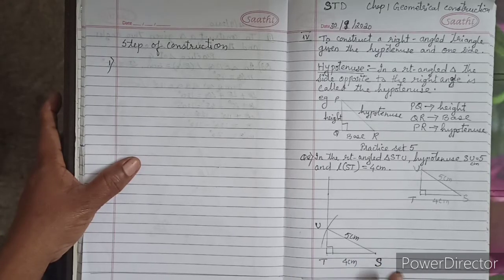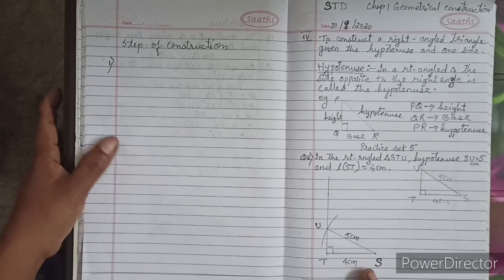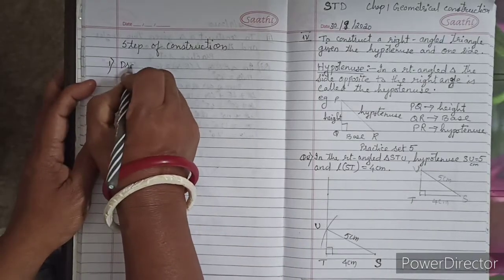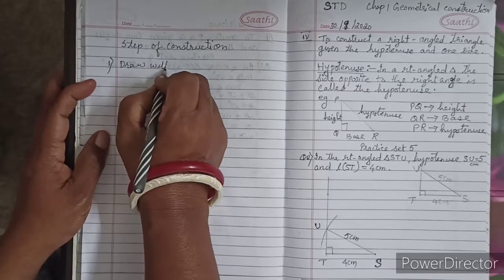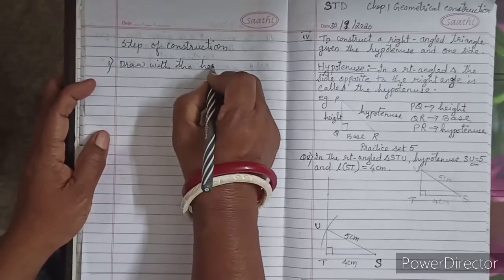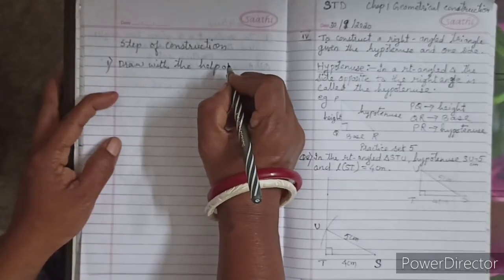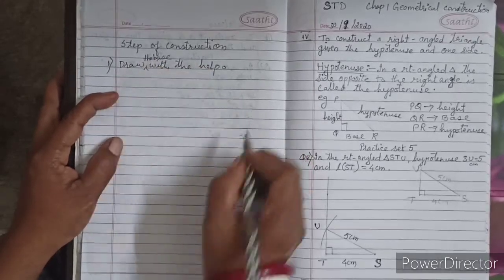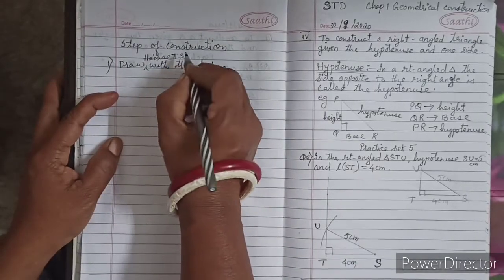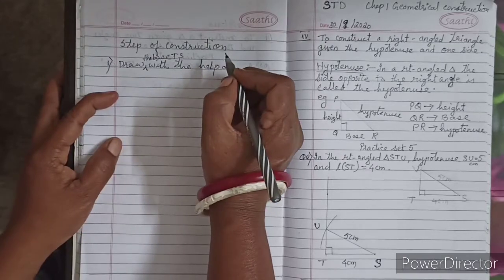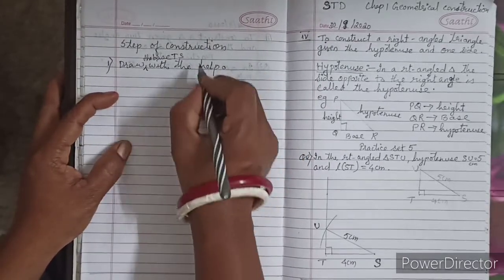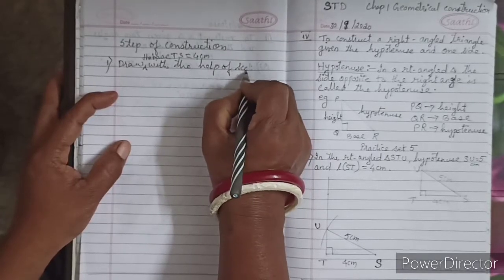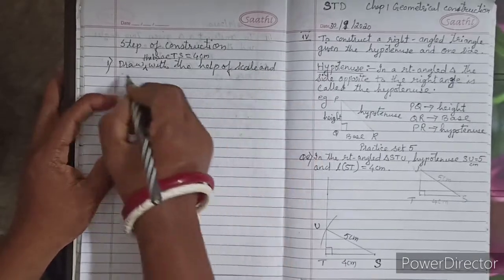We have drawn the base of 4 centimeters, that is ST. So draw the base TS equal to 4 centimeters with the help of scale and pencil.